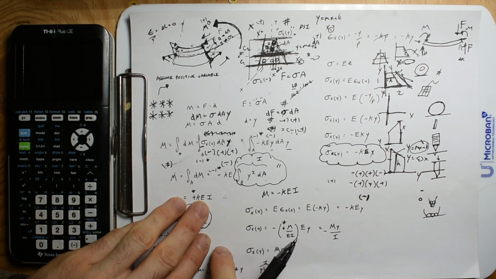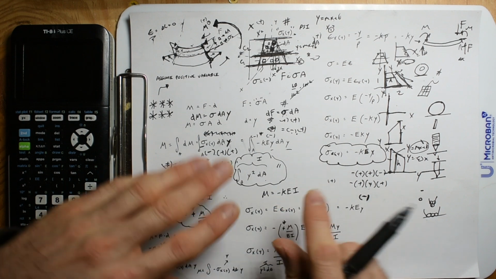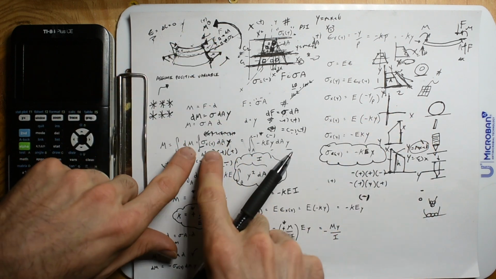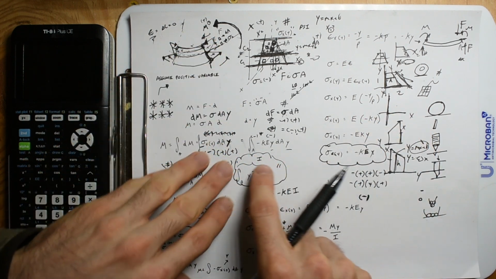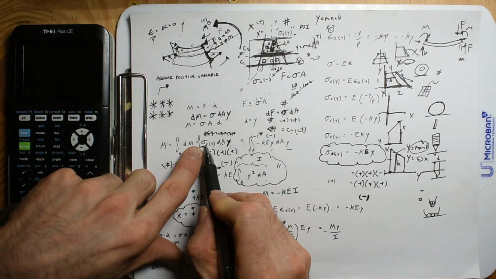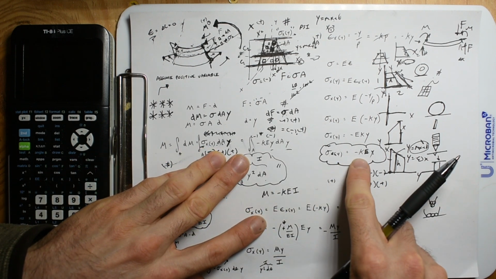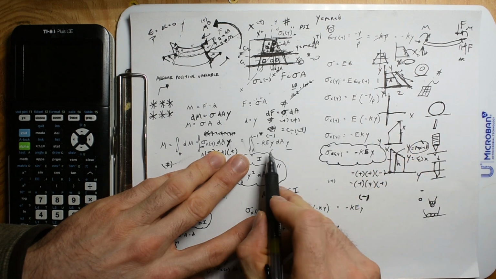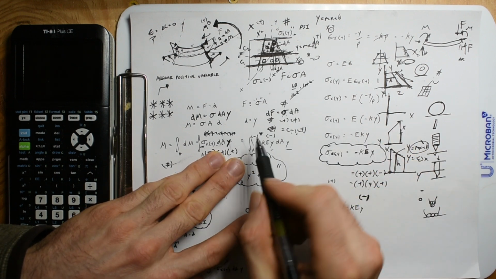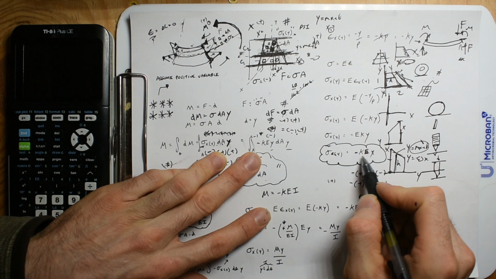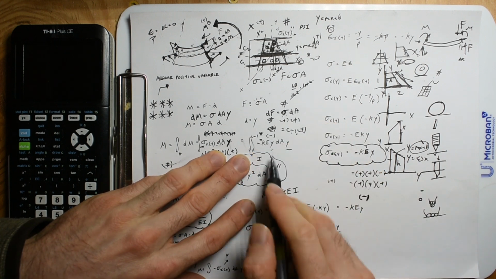Oh, did I mess up again? Yes, I apologize. I didn't catch it. So negatives will just ruin your day on this one. So we have negative sigma x dA y, but sigma x is negative Ke. So when I throw this in, I'm going to have negative, negative.